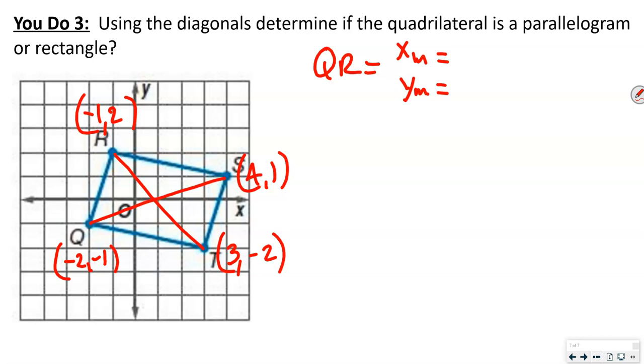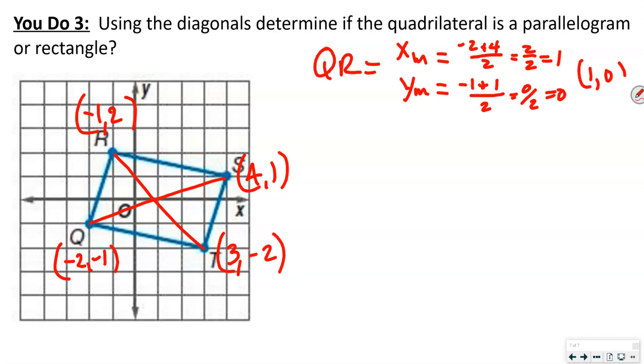My x is negative 2 plus 4 divided by 2. That's 2 divided by 2, which is equal to 1. And then our y values: negative 1 plus 1 divided by 2. That's 0 divided by 2, which is 0. So that would be (1, 0).